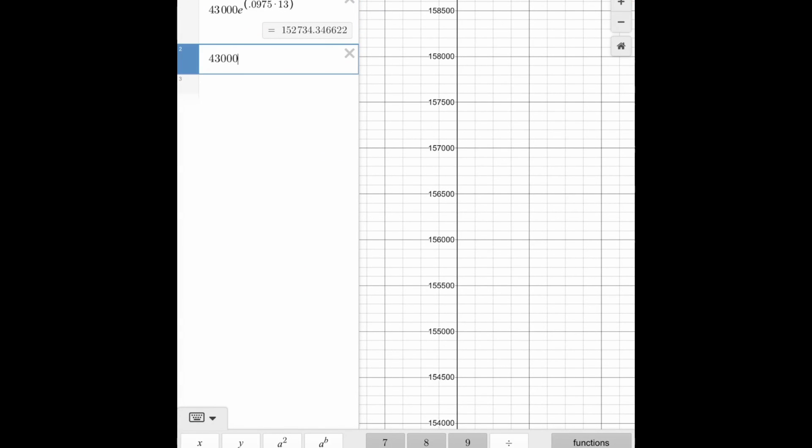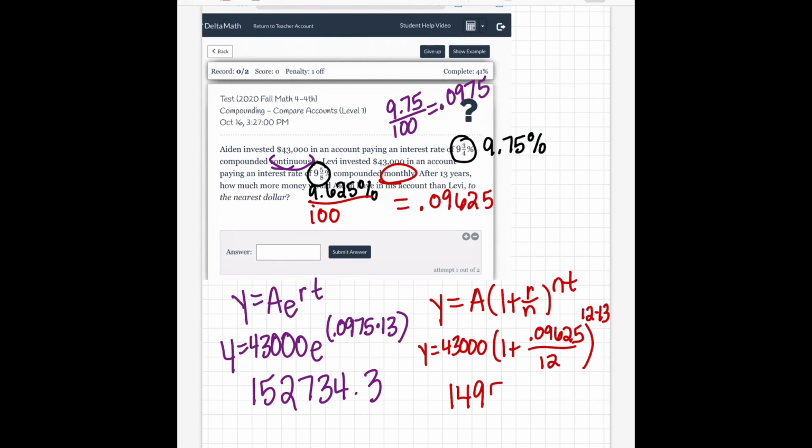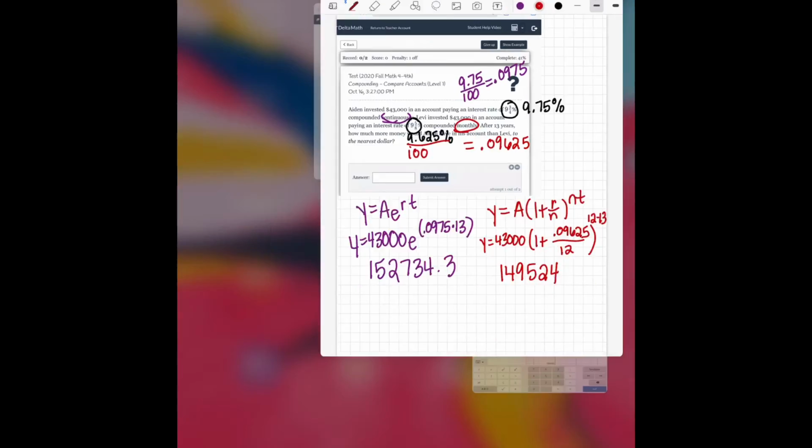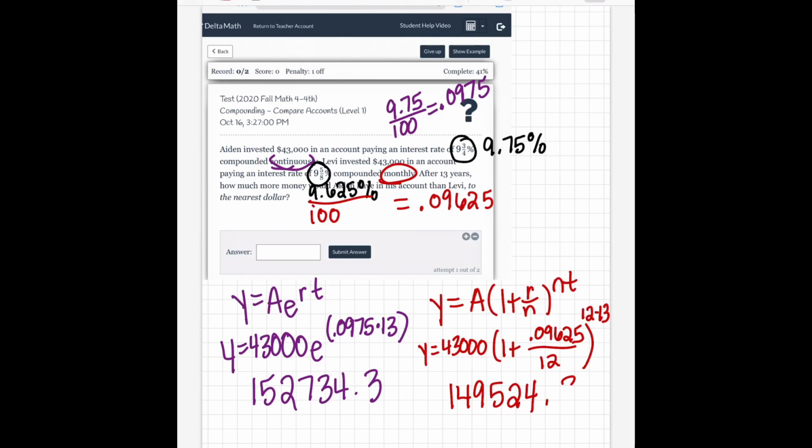So again, we're going to put this into Desmos. 1 plus 0.09625 divided by 12. And we're going to raise that to 12 times 13. And we get 149,524.3.